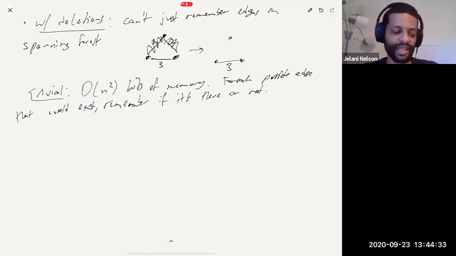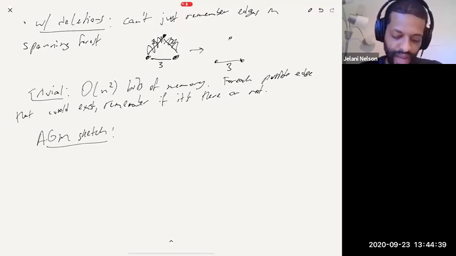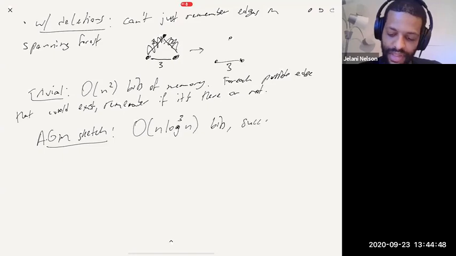What we're going to see today is the AGM sketch, which is that, in fact, there's a randomized algorithm that uses O of n log cubed n bits and succeeds with probability at least 1 minus 1 over poly n, where the exponents in the poly can be whatever you want.